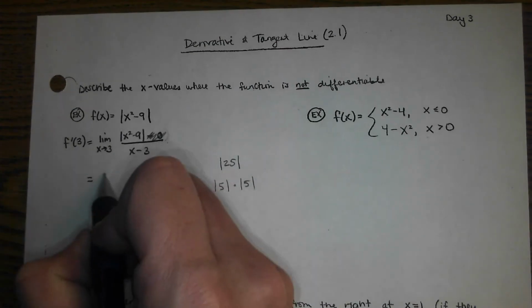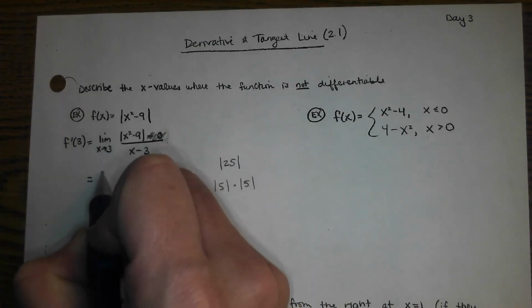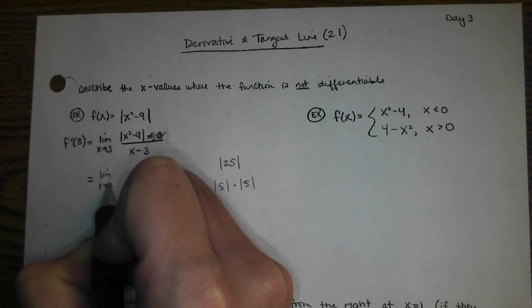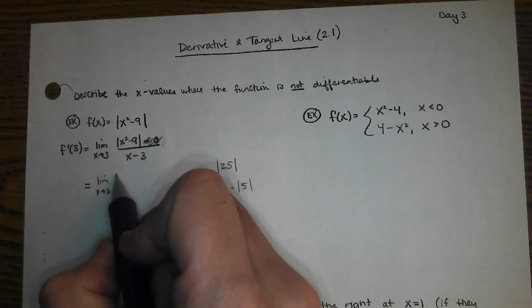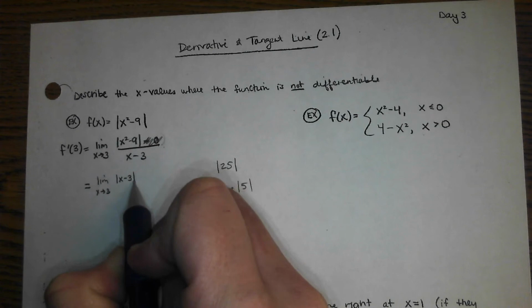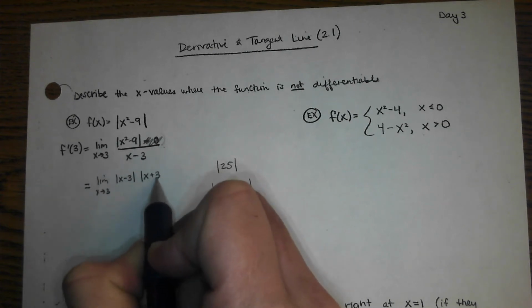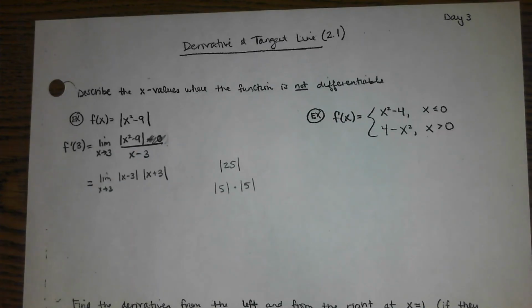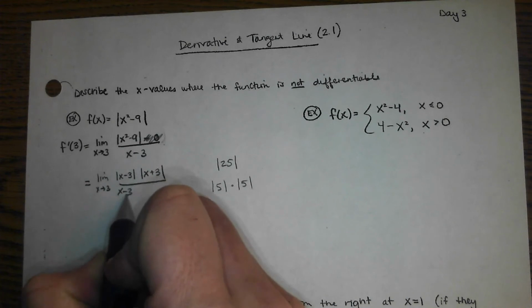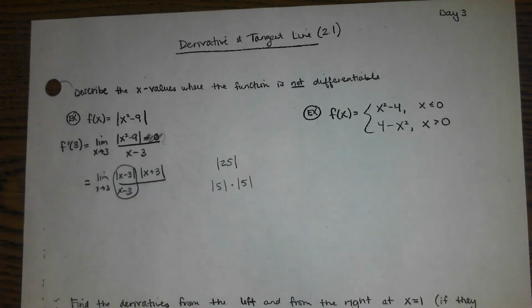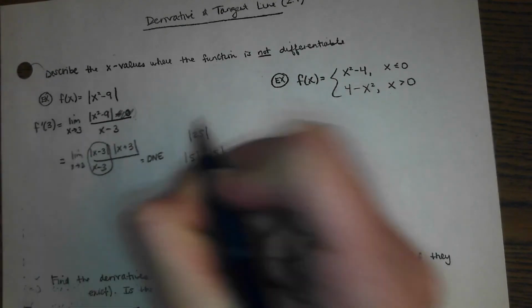So even though we've never actually fully done that, you can, at least with your gut again, think of x squared minus 9 as x minus 3 times x plus 3. And then over the x minus 3, this part would be a jump function. And because of that, it wouldn't exist, right? So does not exist because of that jump function.